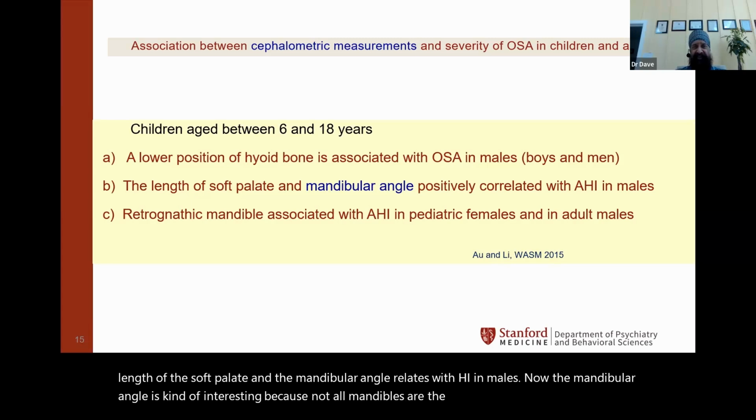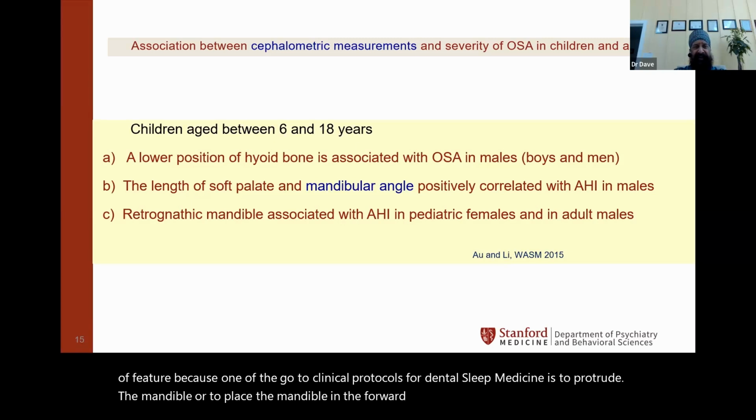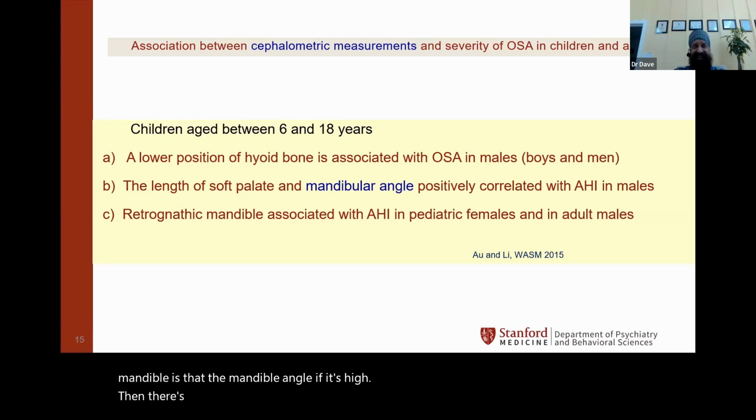The mandibular angle is interesting because not all mandibles are the same. This is an important feature because one of the go-to clinical protocols for dental sleep medicine is to protrude the mandible, or place it in a forward position. If the mandibular angle is high, there's an increased chance of getting an anterior open bite where the teeth don't meet together.